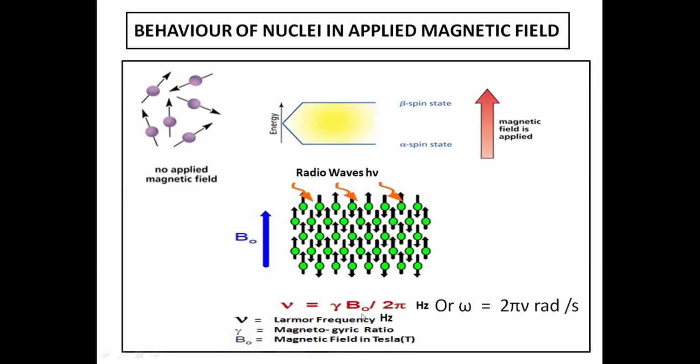We can calculate the Larmor frequency by a calculation of gamma, B naught, and 2 pi. And this is very important in NMR spectroscopy.